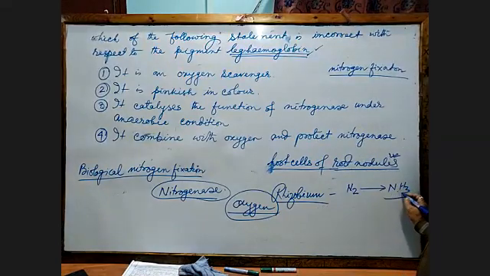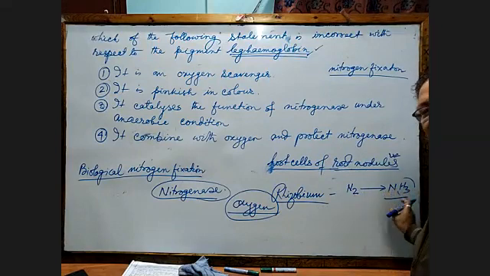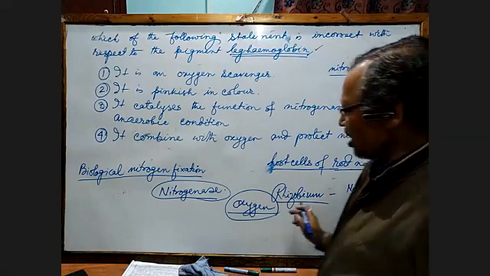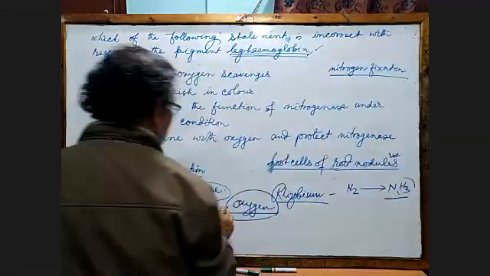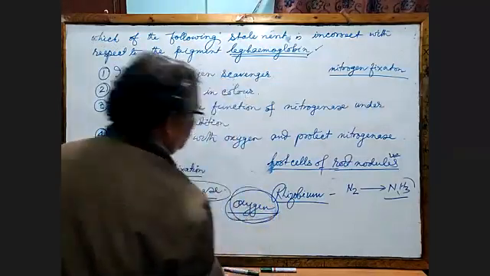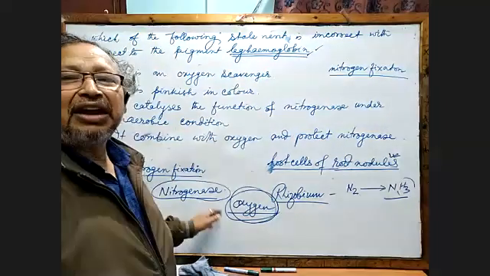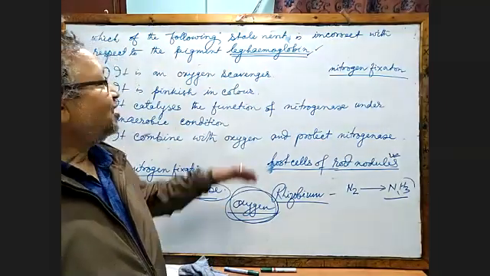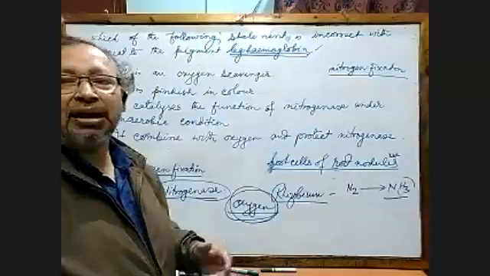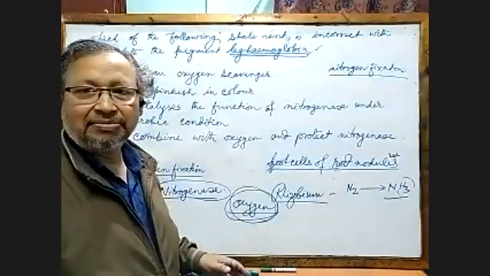Here hydrogen is added, so this process is a reduction process, and it takes place in the absence of oxygen. So for nitrogen fixation, this bacteria and enzyme require an environment free from oxygen.